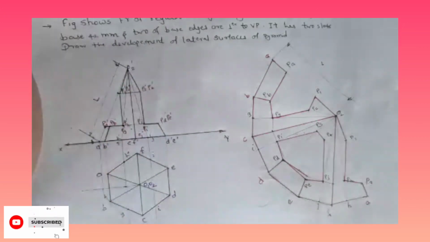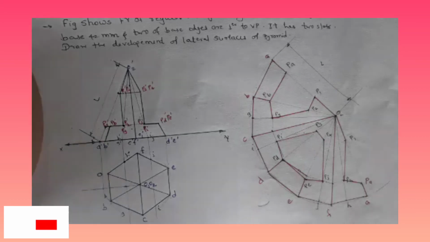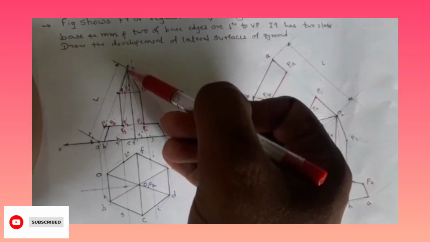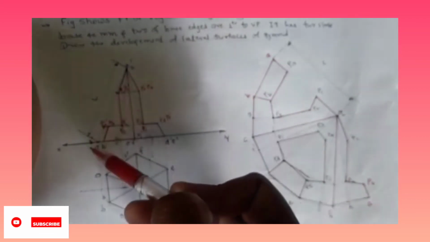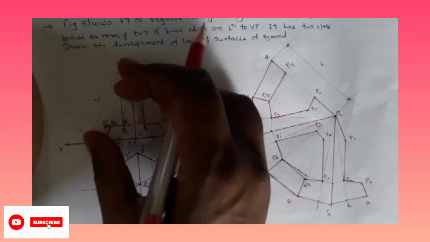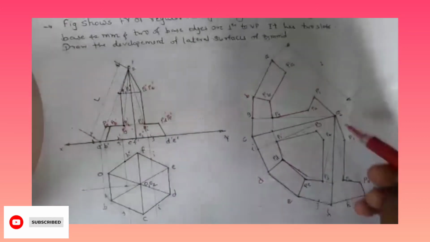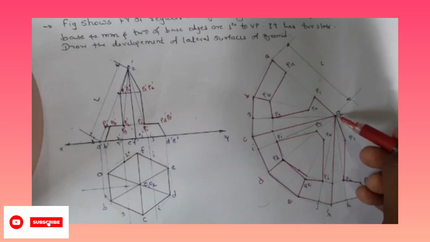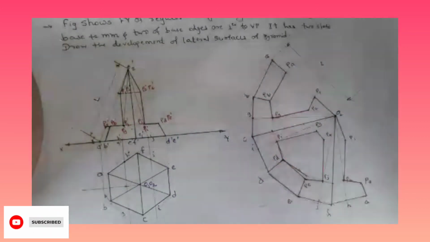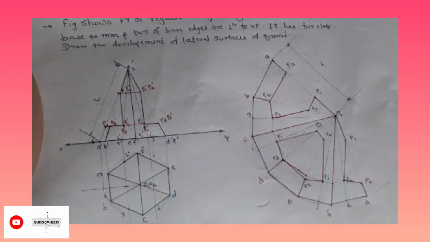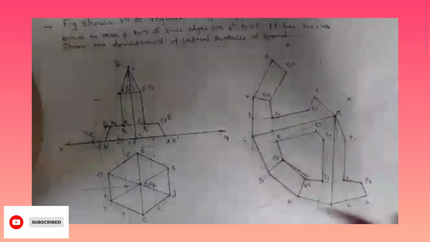Then whatever line we are getting gives the true length. By taking that length, L, we have taken this much as a radius and O2 as a point. We have drawn an arc initially, and then we have completed this development.